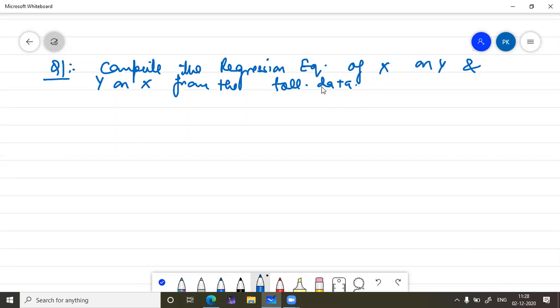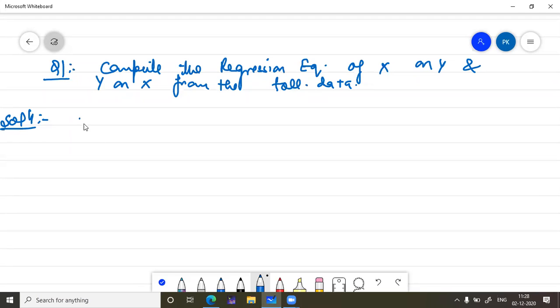This is the example of rate of interest in the housing loan, and here you have to estimate the housing loan amount if the rate of interest is reduced to 8%. So this is the data we have taken from the problem.